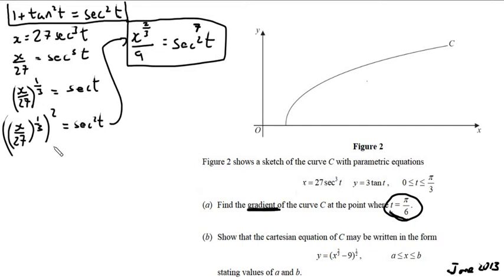Let's do a similar process for y. We have y equals 3 tan t, so y over 3 equals tan t.